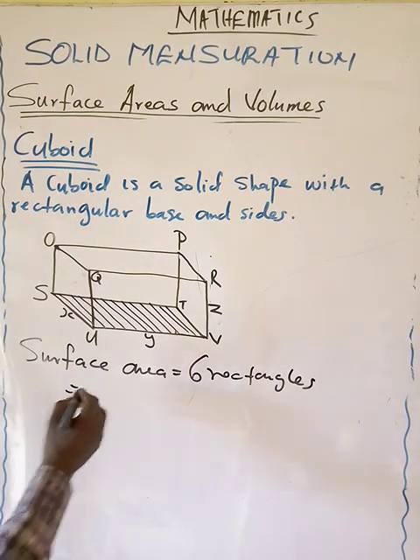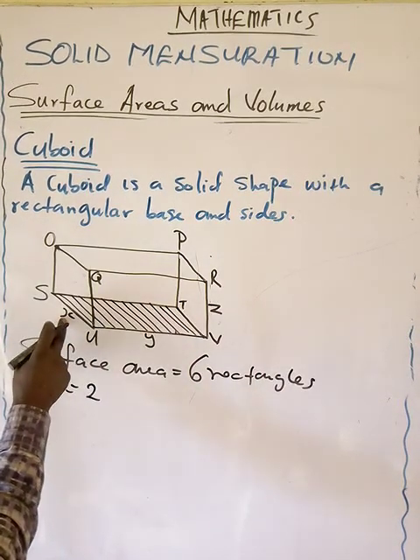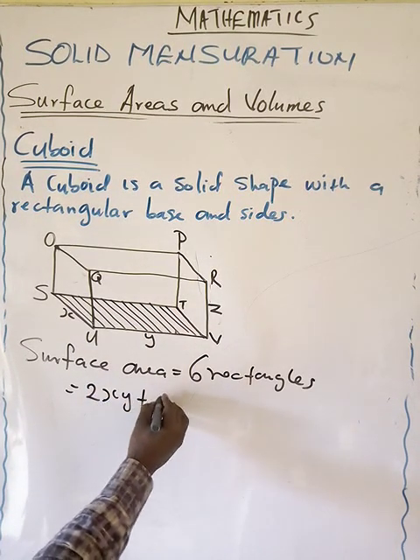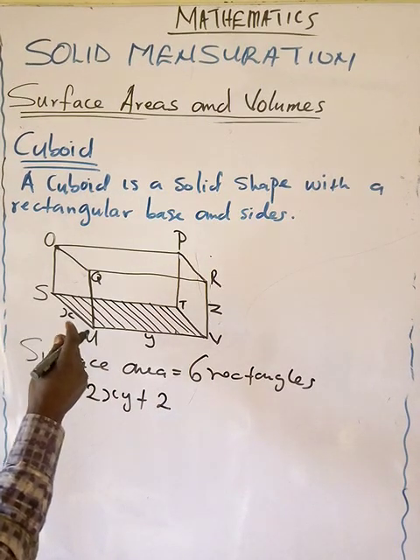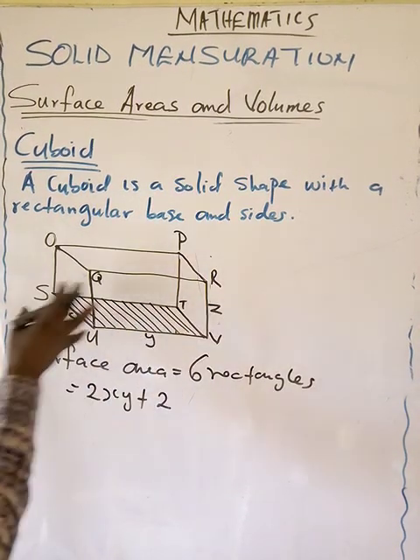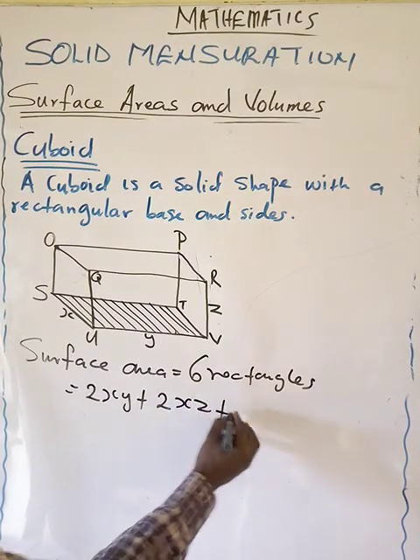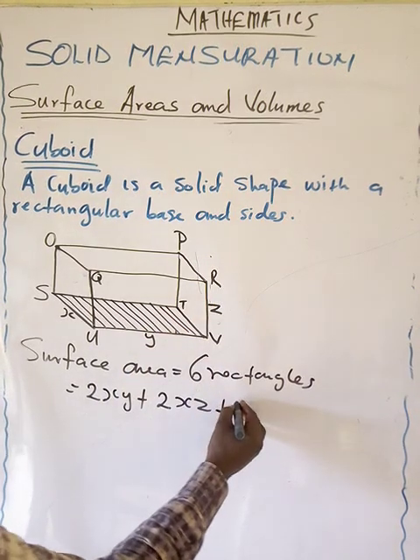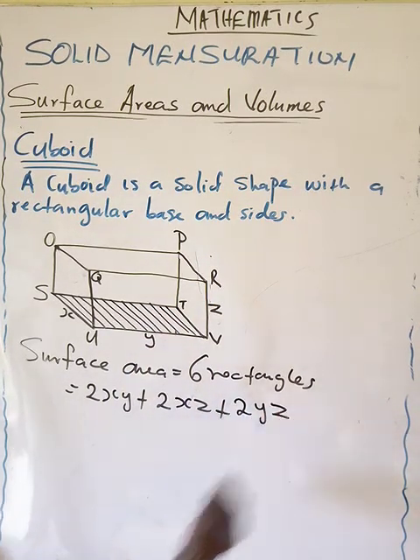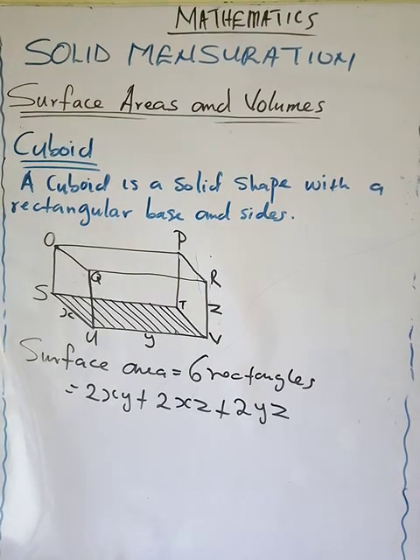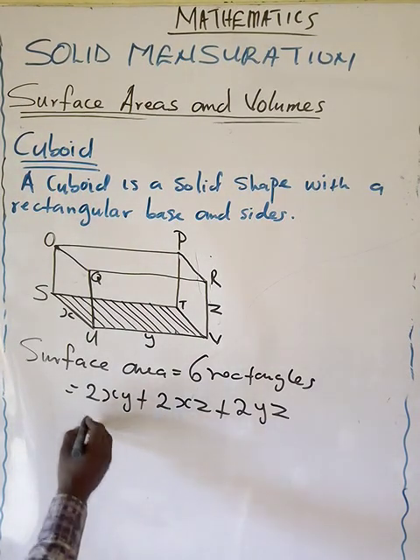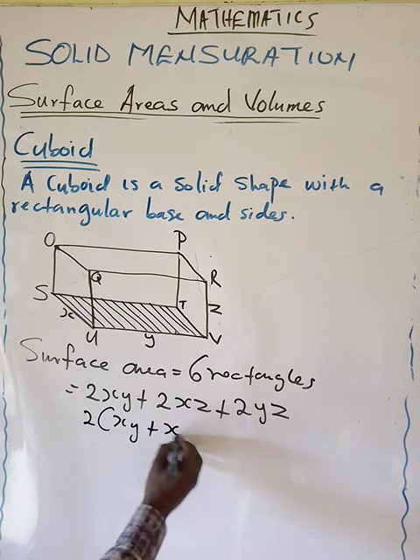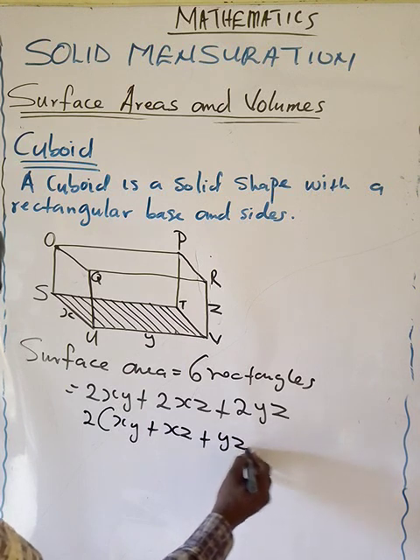That means 2xy plus 2xz plus 2yz. So what is common here? 2 the bracket of xy plus xz plus yz.